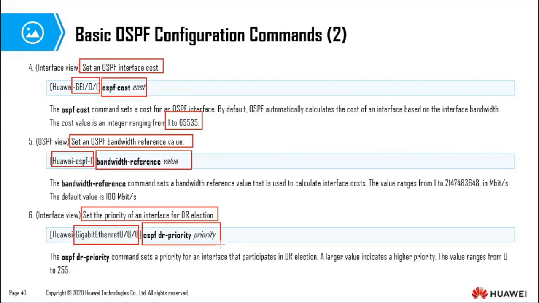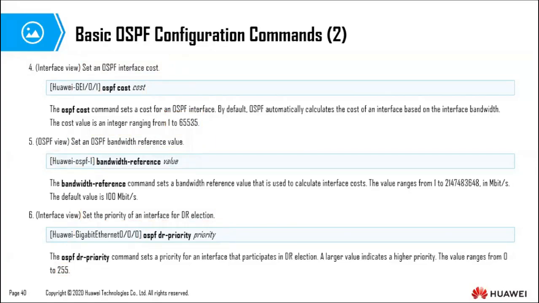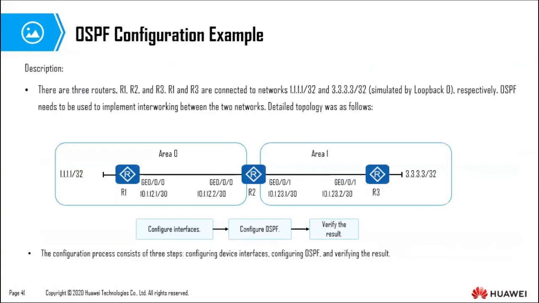Then we enter a priority value. The value ranges from 0 to 255. And already we talked about this, that in the election rule, the higher the DR priority, then that router is going to be elected as the DR.